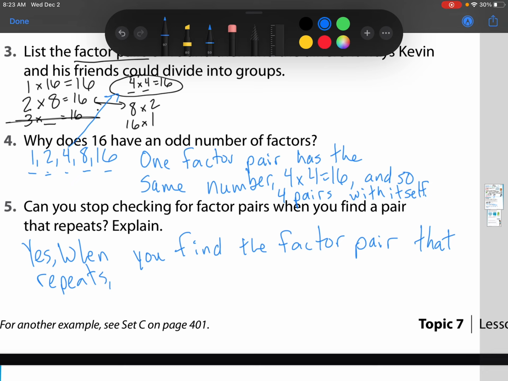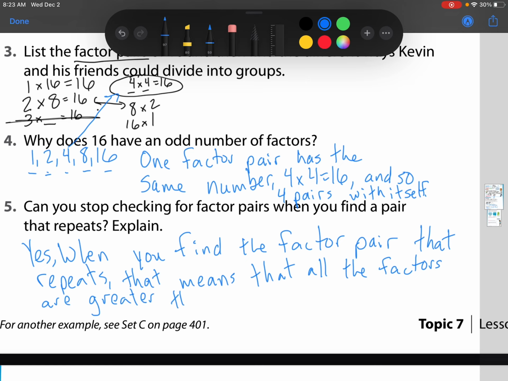Well, when we find that factor pair that repeats, that means that all the factors are greater than and less than this factor pair that has already been found.